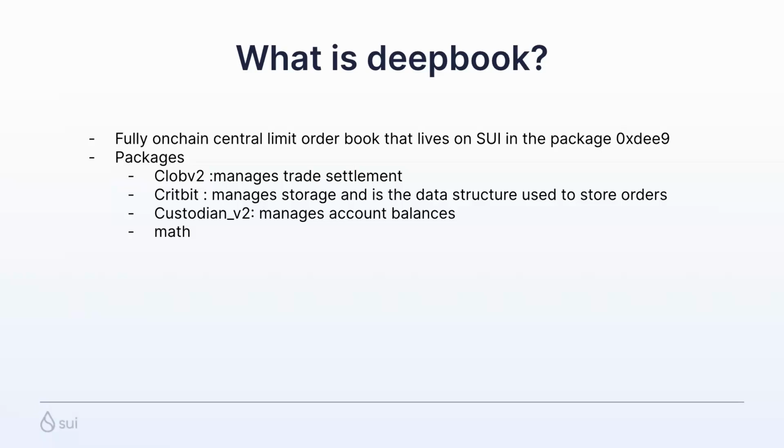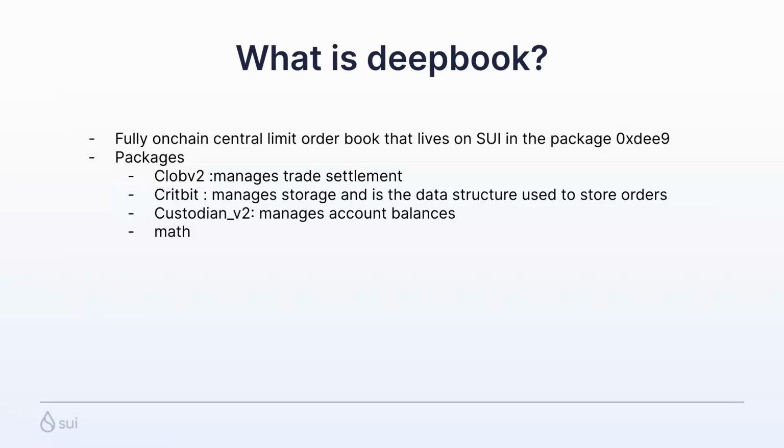So what does DeepBook consist of? It's mostly 3 packages on Move. We have the CLOB, which is the matching engine, the central limit order book. This package handles all the orders when someone puts in a limit order to buy or sell, or puts in market orders.